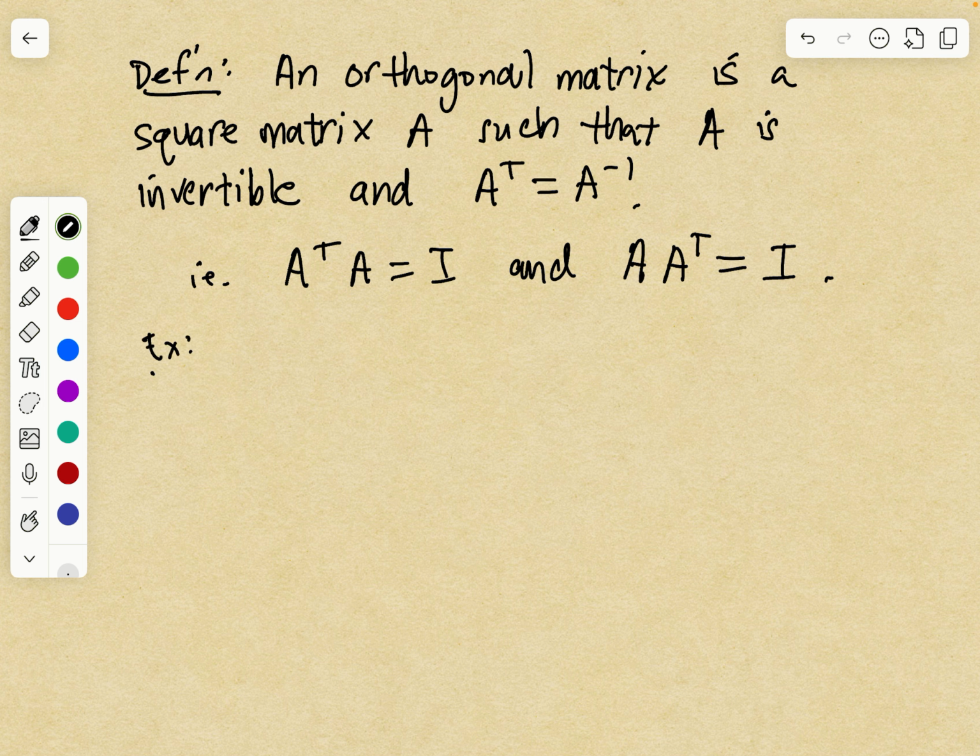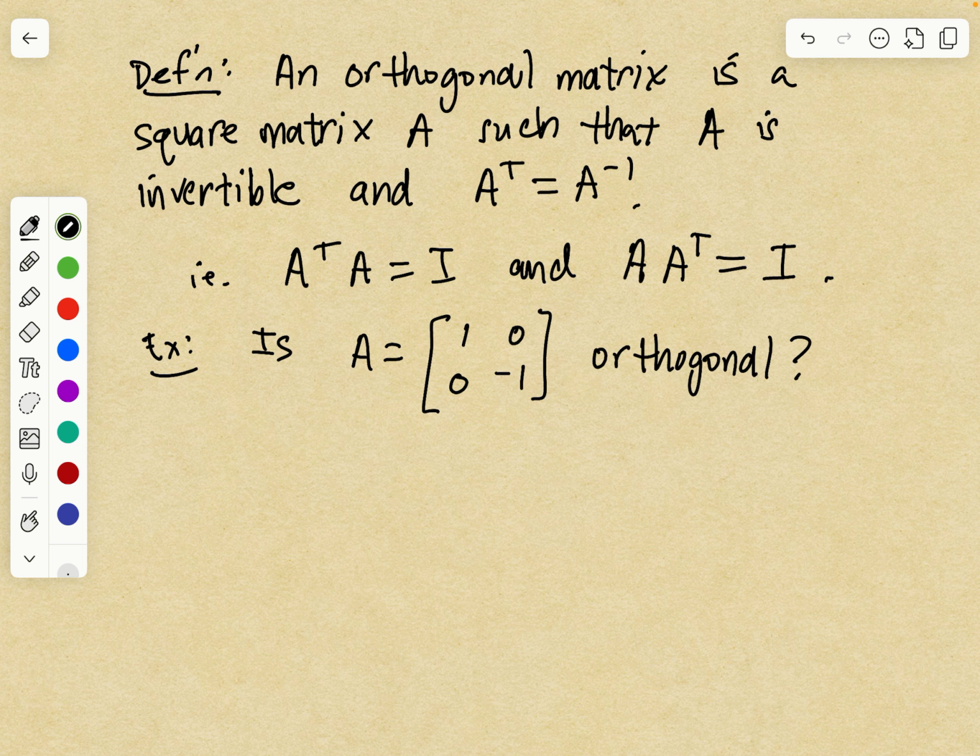So, for instance, is this matrix, 1, 0, 0, negative 1, orthogonal? Well, as we just explained, you only need to check that A transpose times A is the identity matrix.